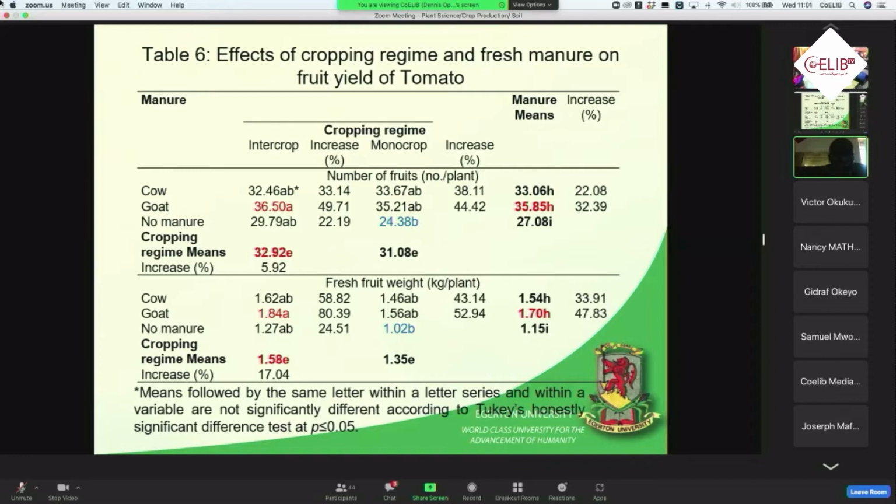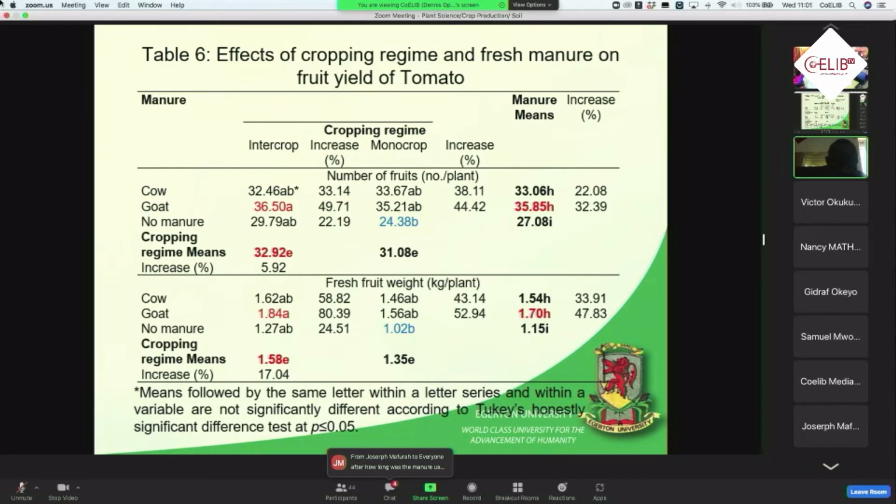This table shows the effect of the cropping regime and fresh manure on fruit, whereby the first section is the number of fruits. Where we had goat manure and the slender leaf, there was the highest number of fruits. Where we had no manure nor the crop, the number of fruits was lower.